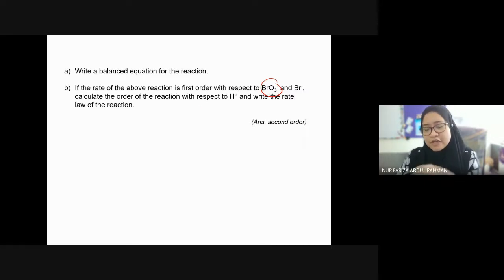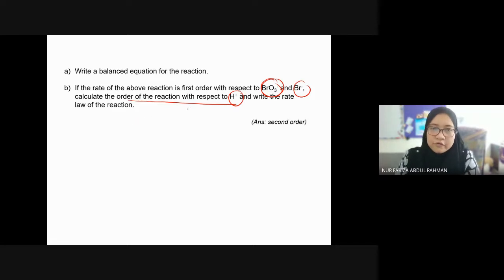Instead of having to find the order of each reactant, it's given, but only for bromate and bromide ion. Both of them are first order: first order for bromate and first order for bromide. What you need to calculate is the order of reaction with respect to H plus, and write the rate law of the reaction.